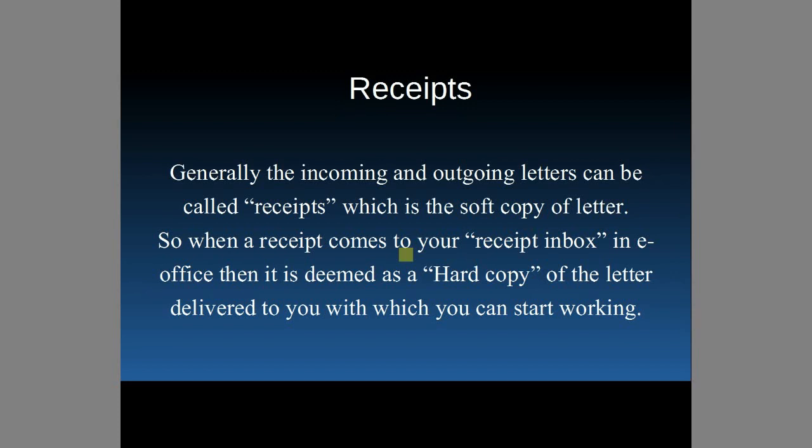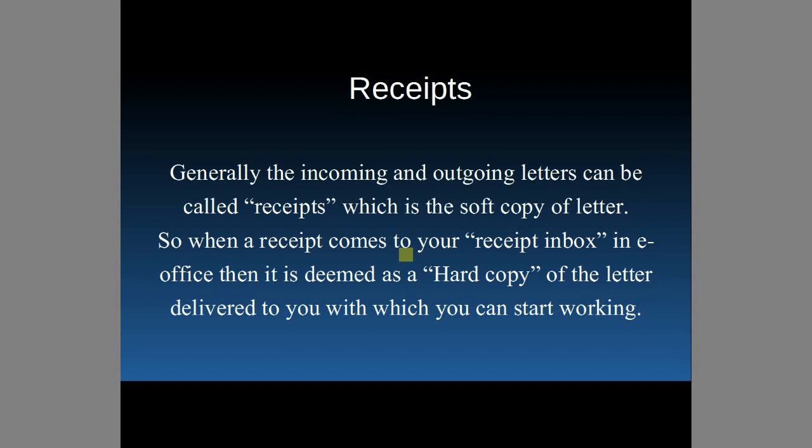It will be placed in the inbox of receipts. So basically there are two inboxes in Eoffice. One inbox is for receipts alone, and the second inbox is for files.